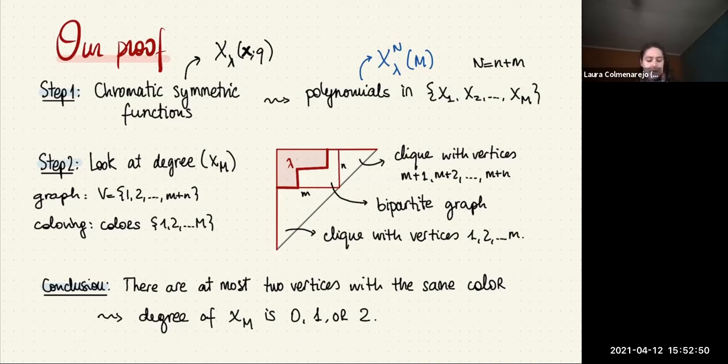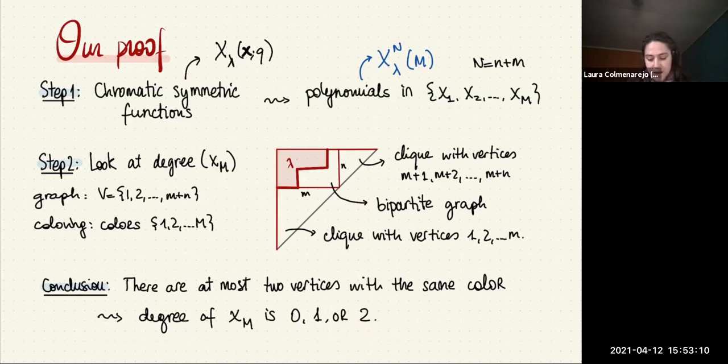Now, one of the reasons why we decided to do this was because by looking at the degree of x_m, we have a very nice thing. The degree of any variable is at most 2, and this is because of the shape that I'm considering here.